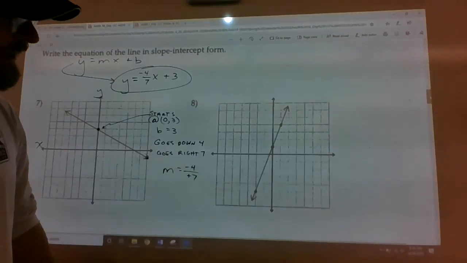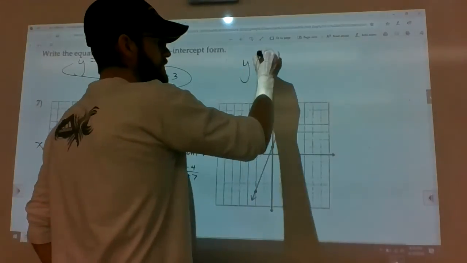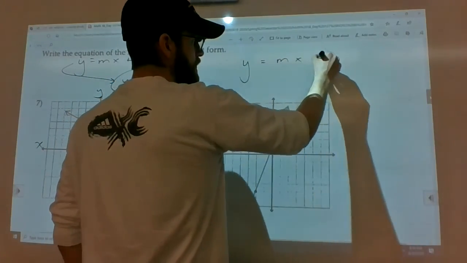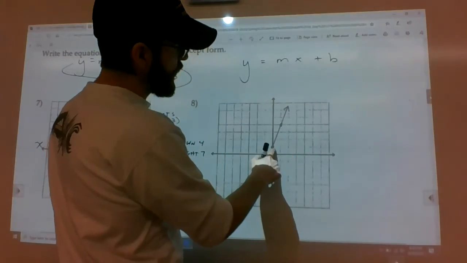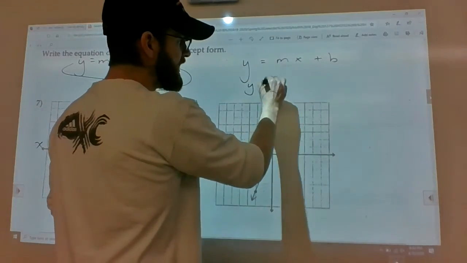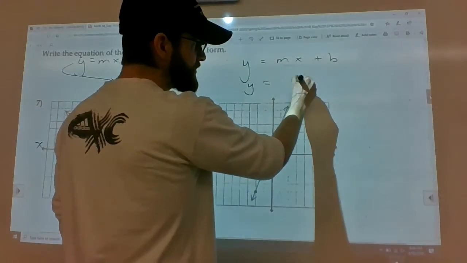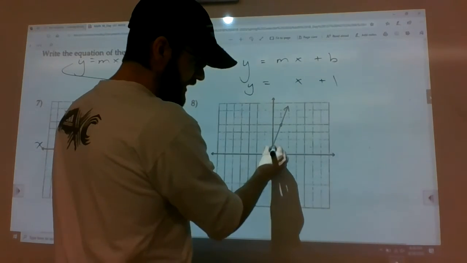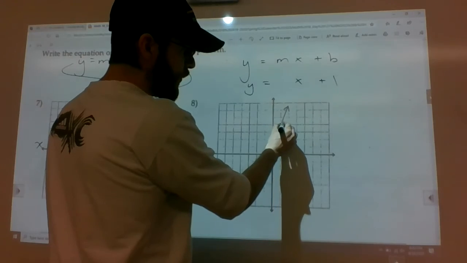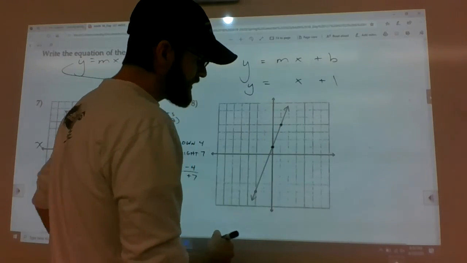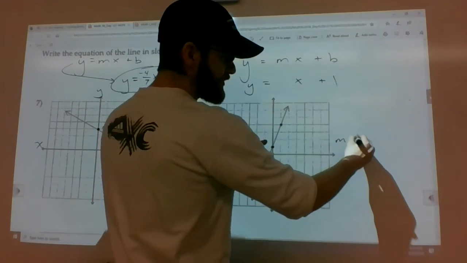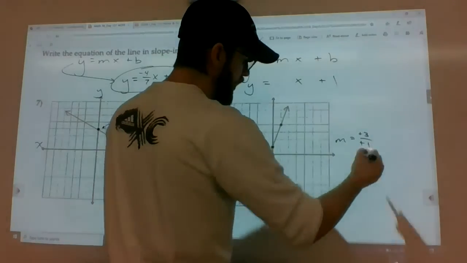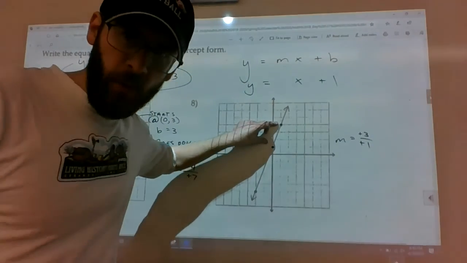So then our last example. Our b value is 1. So it's y equals something x plus 1. And then at this point, the rise over run is I go up 1, 2, 3, right 1. So it's weird. It's like m is equal to plus 3 over plus 1 when you just take these two data points.